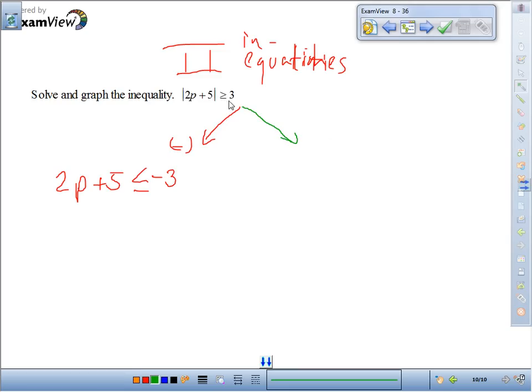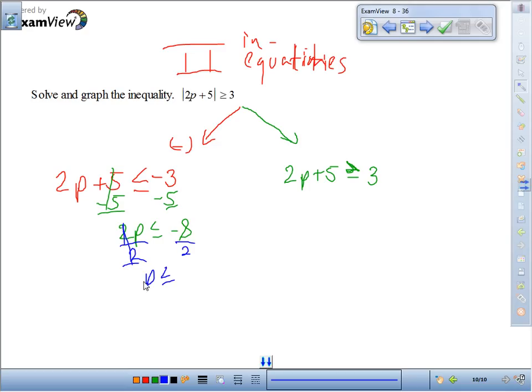Now that we have our negative, let's do one for our positive. We write everything exactly the same without the brackets, right? 2p plus 5 greater than or equal to 3. And let's solve. This one, subtract 5, subtract 5. 2p less than or equal to negative 8. And at the end, we divide by 2, divide by 2.